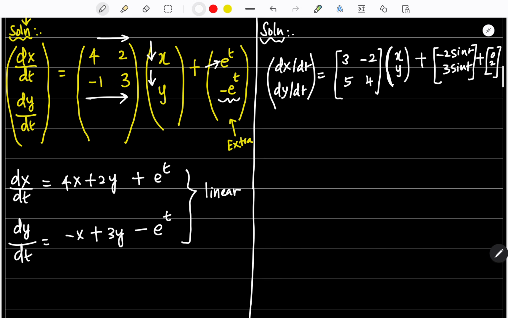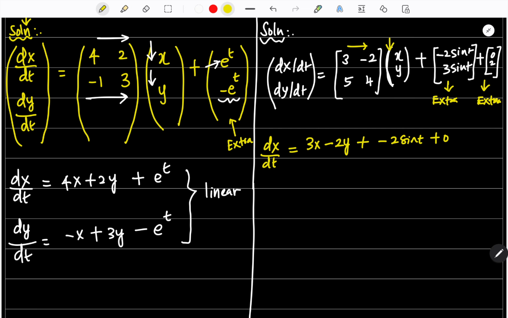So we are going to write this as equations. dx by dt is equal to first row first column, which is 3x minus 2y, and then plus the extra fittings. This is also extra fitting, and this is also extra fitting. So this is minus 2 sin t plus 0. Of course, I need to write 0.